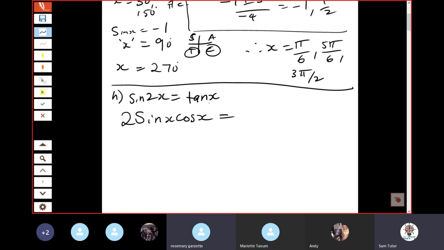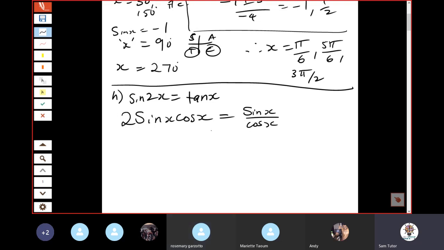No, you don't want to write just 10. There's no point, you're going to shoot yourself in the foot. Change 10. What do you think 10 becomes? Sine x on cos x.